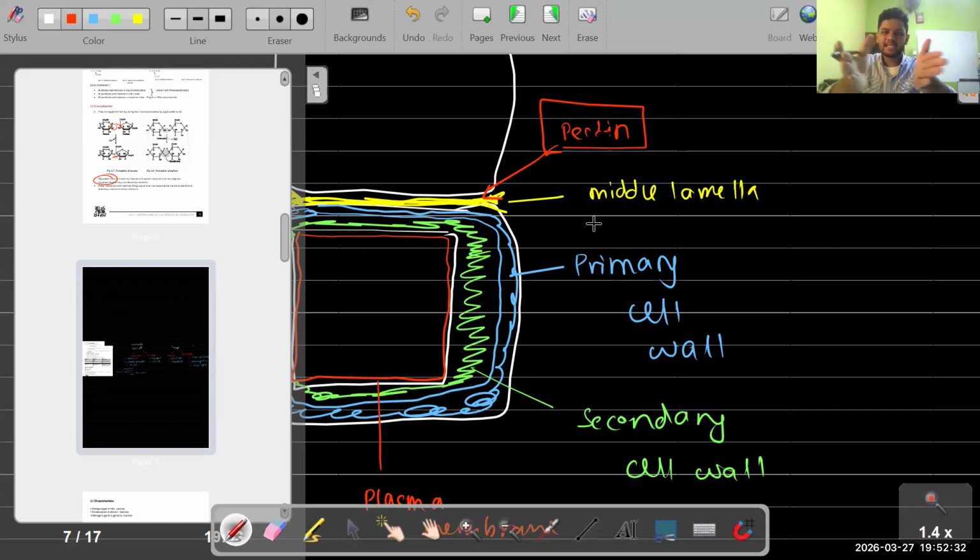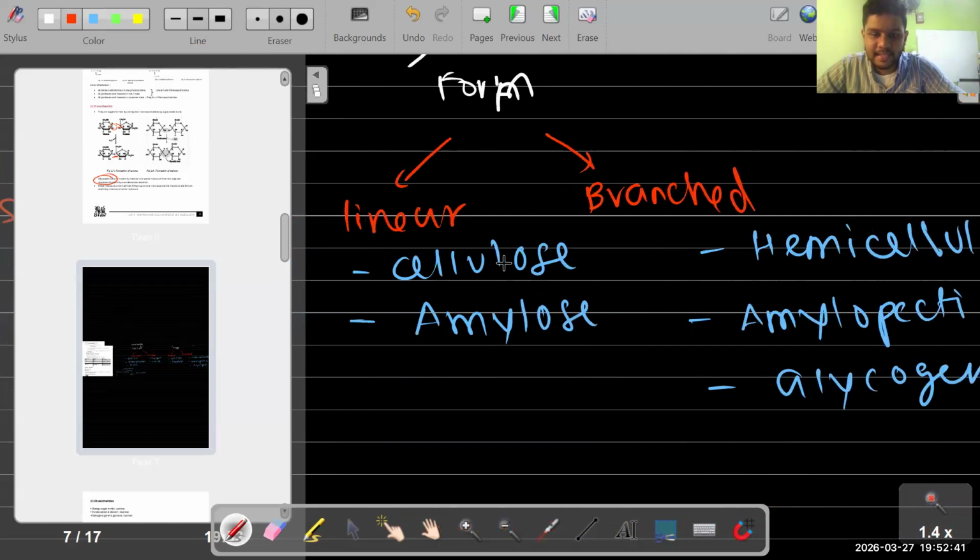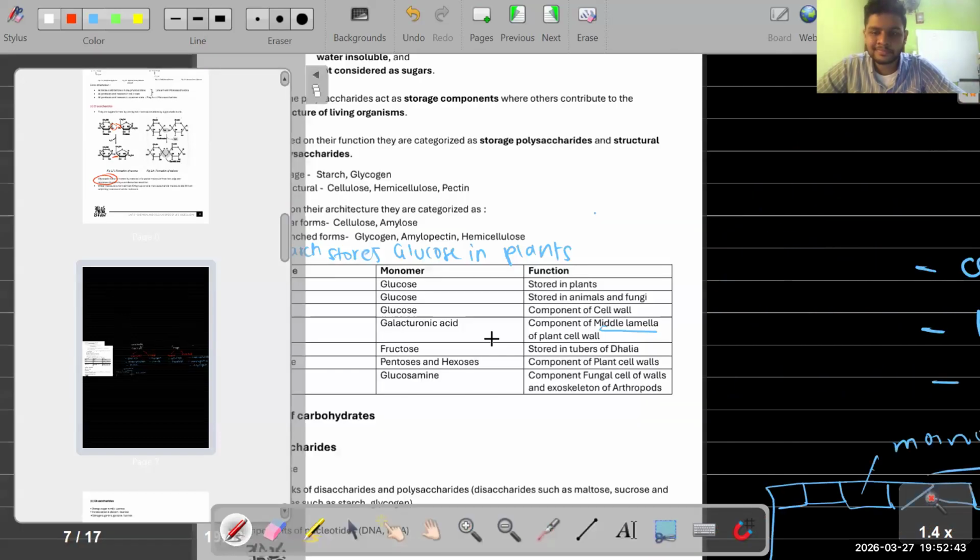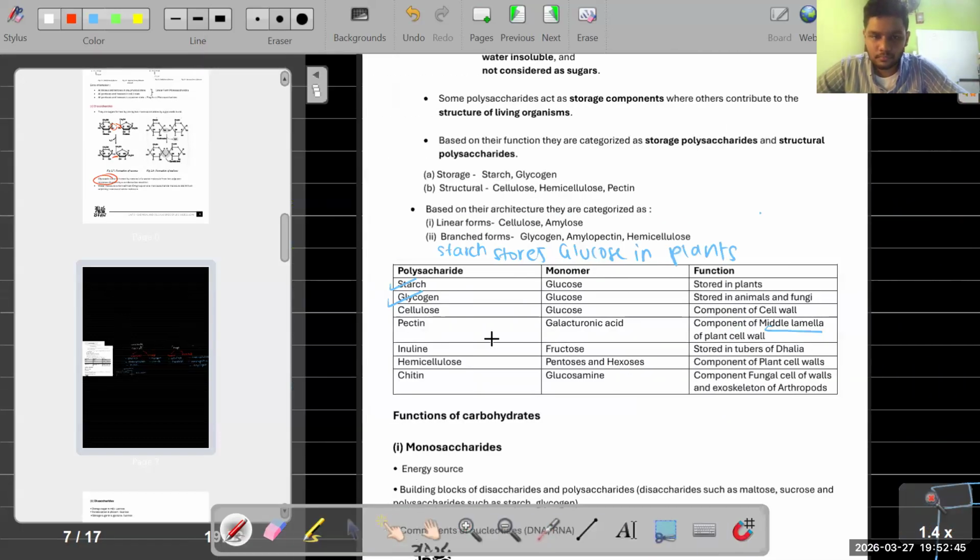It is a gluing agent that attaches both the cells. In this middle lamella, a polysaccharide called pectin is located. Is that clear? Is that clear to you? Yes. Is it clear for all?